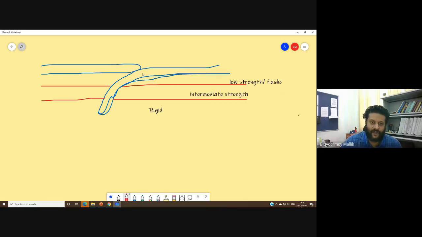And then what we observe at the very top, where essentially the slab enters your mantle, there is extension. Okay, we observe extension. And when it actually hits the rigid part of the mantle, we observe compression.